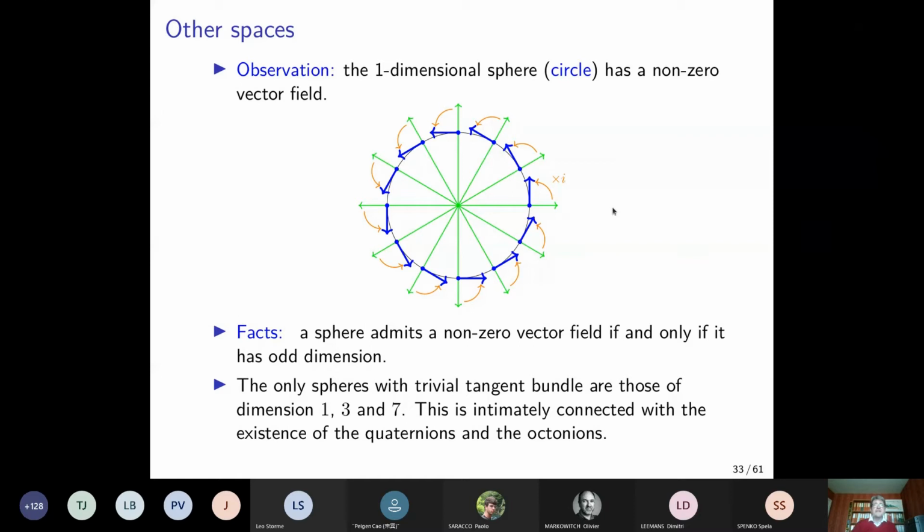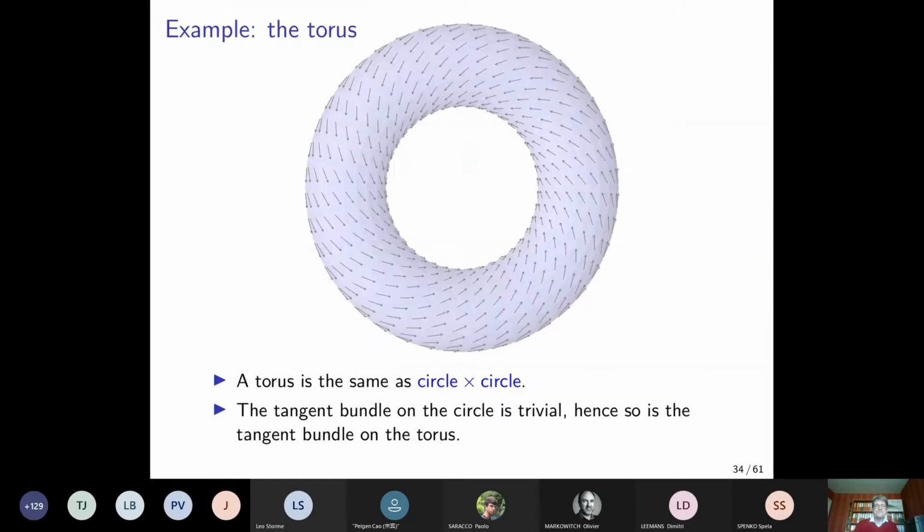Well, it turns out you can do exactly the same with the quaternions. You can embed the three-dimensional sphere in the quaternions, which are four-dimensional, and then you can construct three non-zero vector fields by multiplication by i, j, and k, respectively. And you can do the same thing with the octonions.